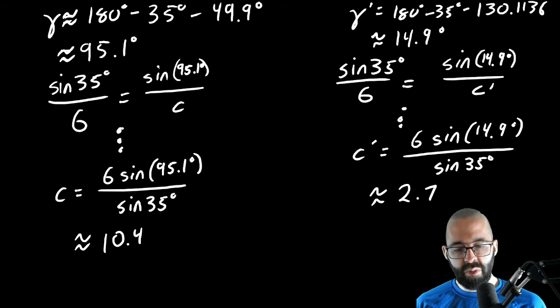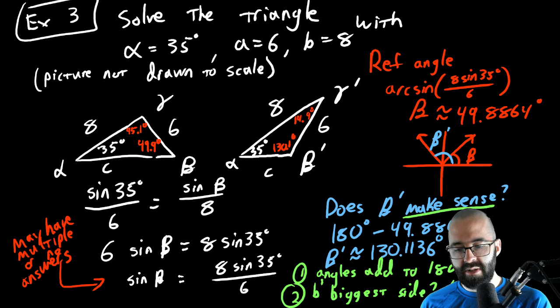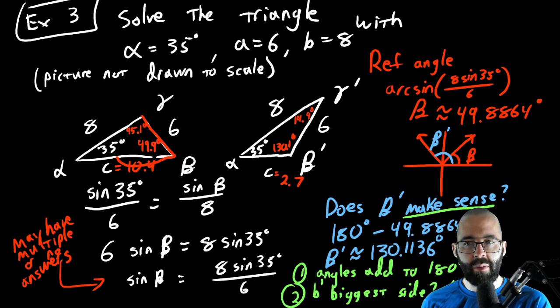So C is 10.4, C prime is 2.7. And this makes sense, right? We're swinging this side over to get to that prime triangle, so C does get much smaller.